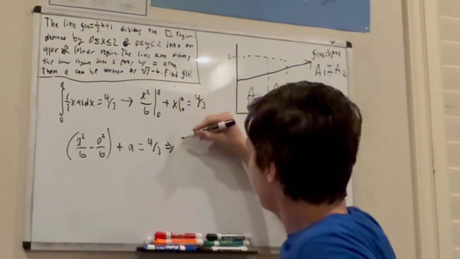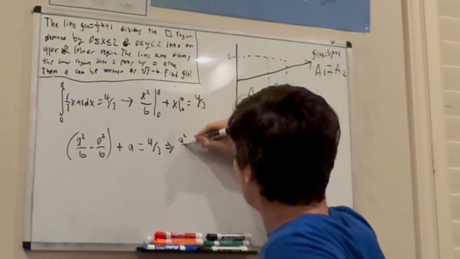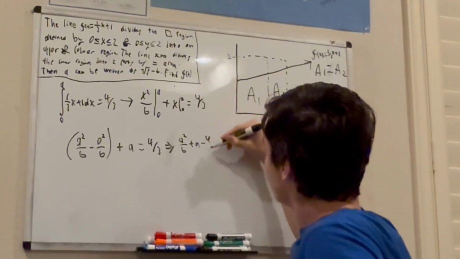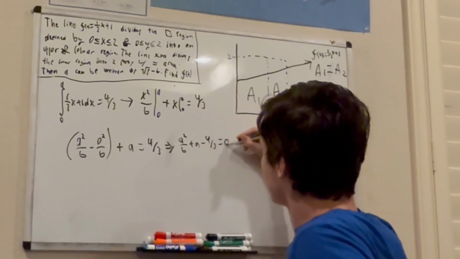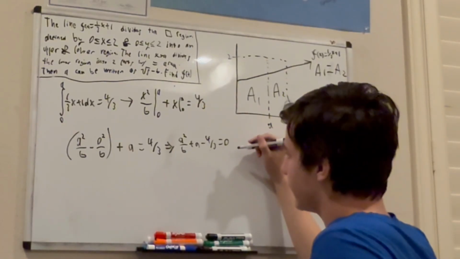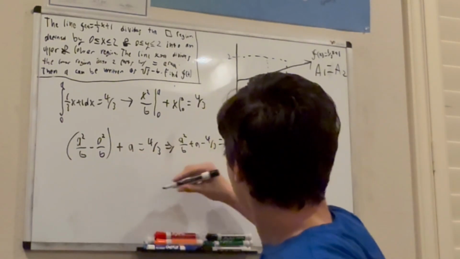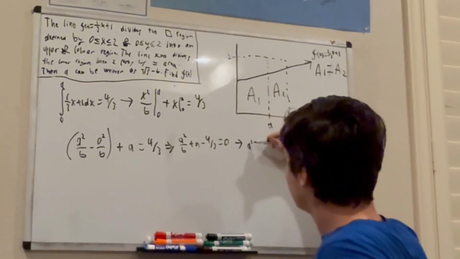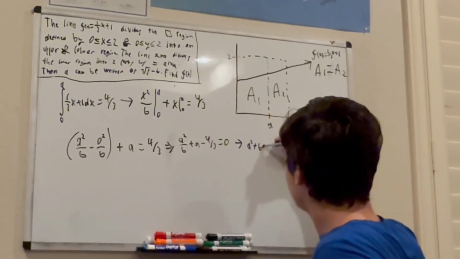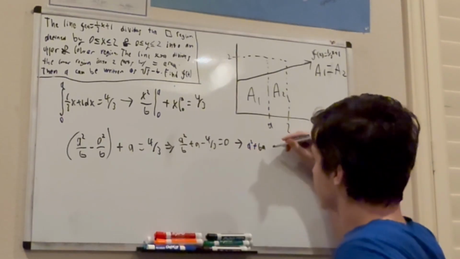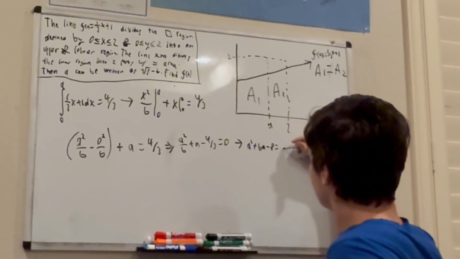And now we get a squared over 6 plus a minus 4/3 is going to be equal to 0. And we can multiply everything here by 6, everything. So that gives us a squared plus 6a, and then minus 4 over 6, so that's going to be 24 over 3, so minus 8 is going to be equal to 0.